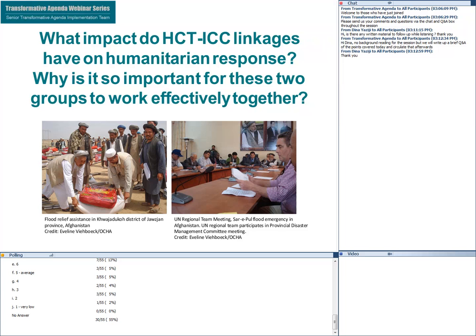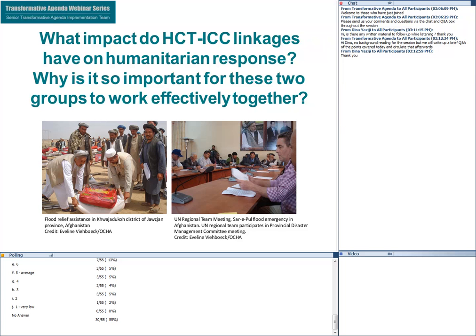So I think that these are the core elements or the core topics that the cluster would be looking at. Now, obviously, for having effective aid, it requires a strong HCT, but it also requires a strong intercluster group and strong cluster coordinators all together.